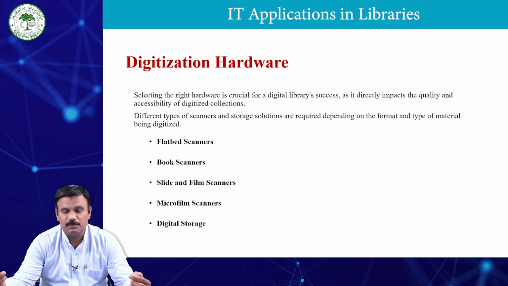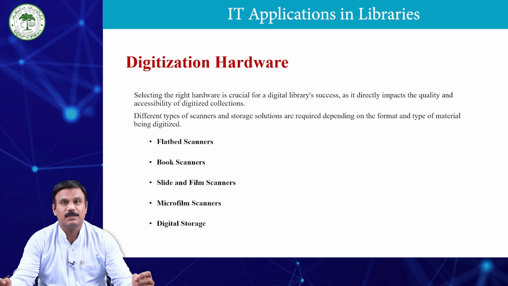It is very crucial for a digital library's success because it directly impacts the quality and accessibility of the digitized collection. Different types of scanners, storage devices, servers, as well as printers, etc., are required depending on the format and type of material being digitized.